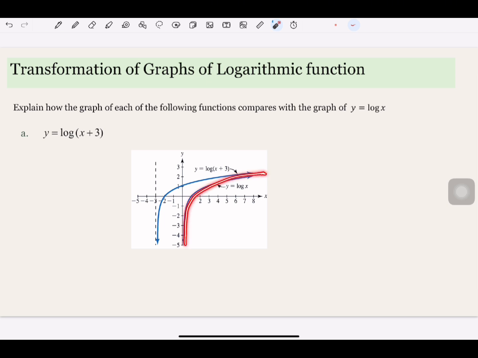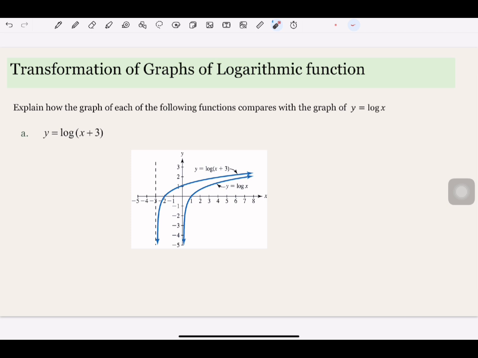Here the vertical asymptote is the y axis, and it passes through this point, and this is defined only for x greater than 0. In order to get y equals log x plus 3, you have to do a horizontal shift by 3 units, which means you have to move this function left by 3 units.